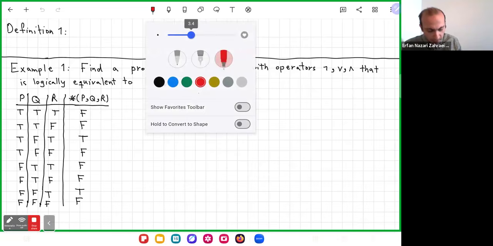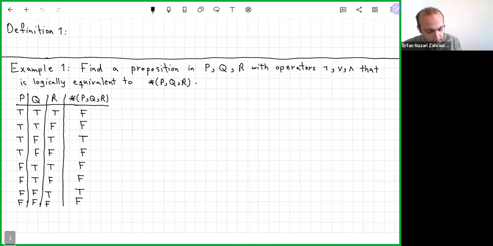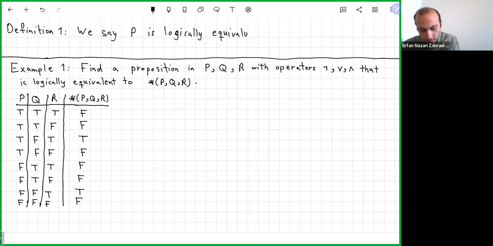So we have this definition. We say P is logically equivalent to Q if and only if P if and only if Q is a tautology.